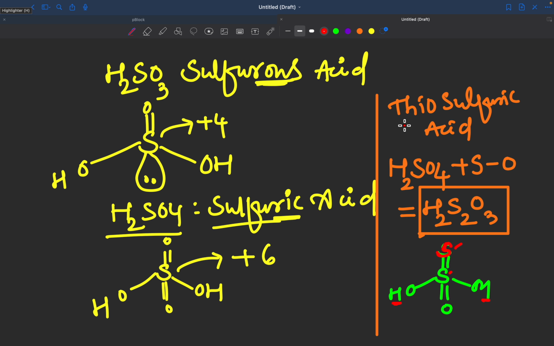H2S2O3 is the thiosulfuric acid. So these are the three acids you should remember: 1, 2, 3. If you are okay with this, we'll go to the next acids.